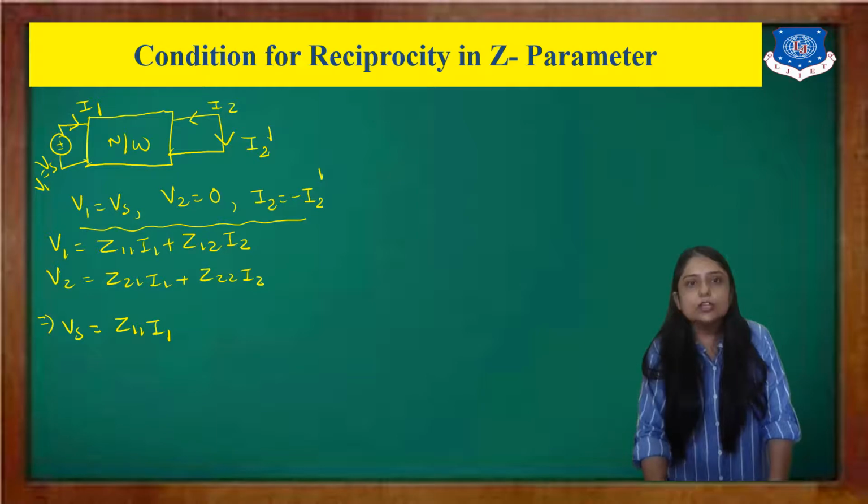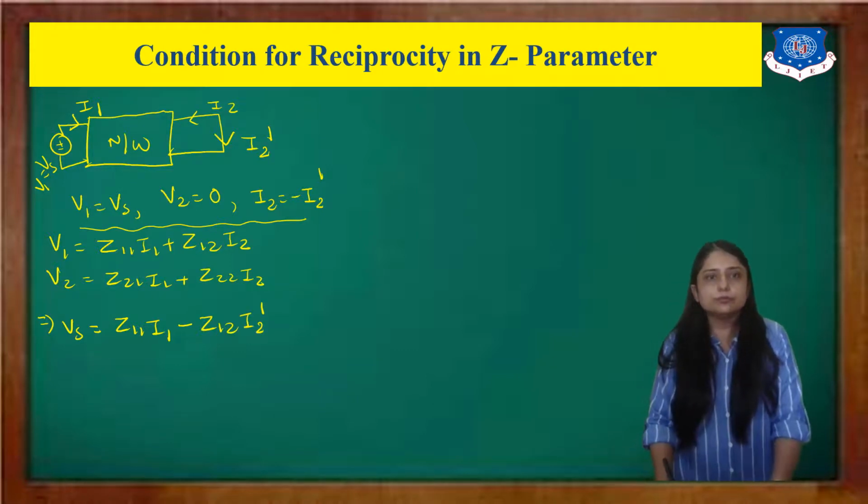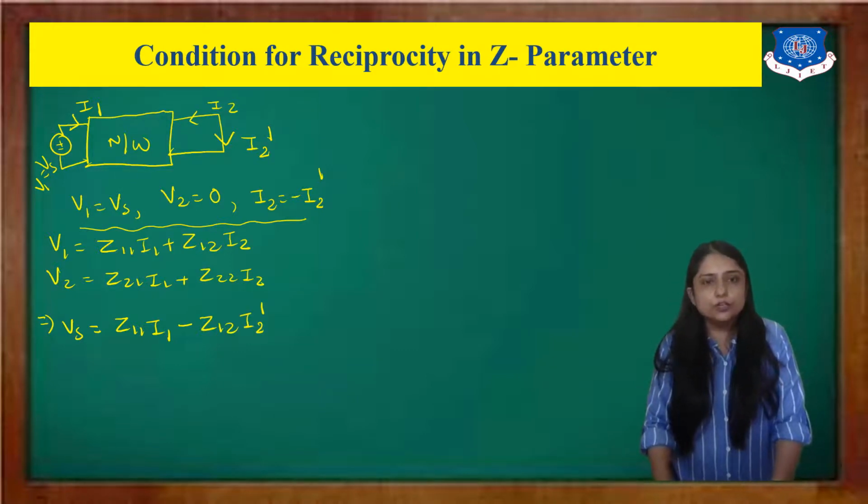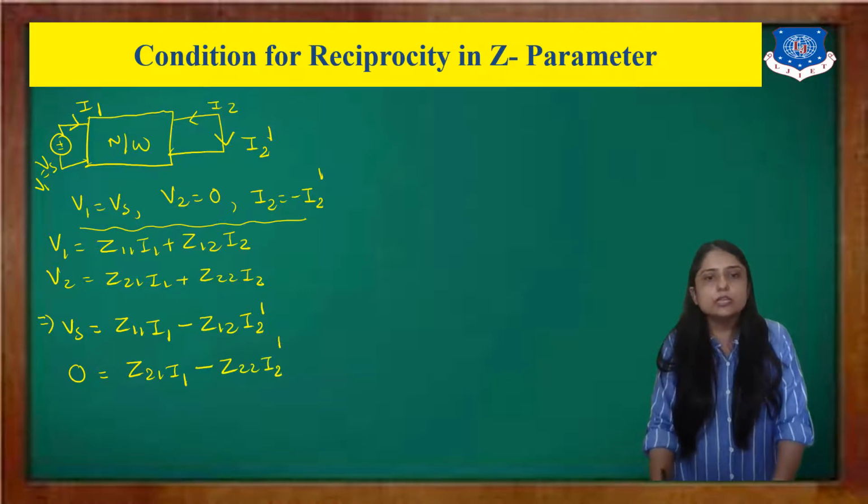In place of I2, we substitute minus I2 dash, so this becomes Z12 into I2 dash. In place of V2 we substitute 0. Then it's Z21 into I1 minus Z22 into I2 dash.